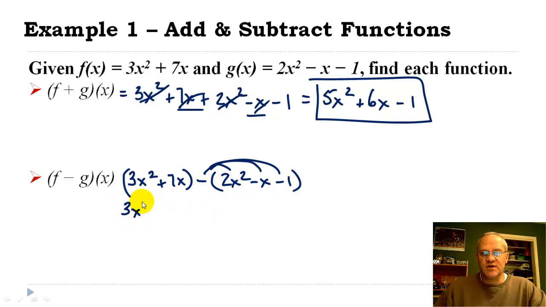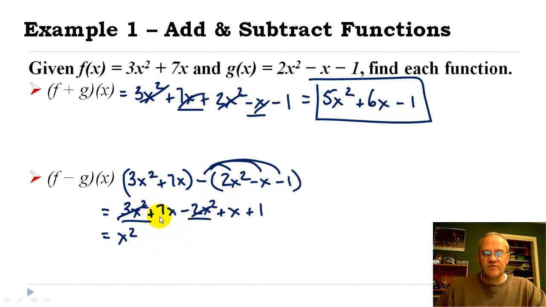I've got 3x squared plus 7x minus 2x squared, minus a negative is plus x, minus a negative is plus 1. And then we just combine the like terms like we did up here. This time we have 3x squared minus 2x squared, which is 1x squared.